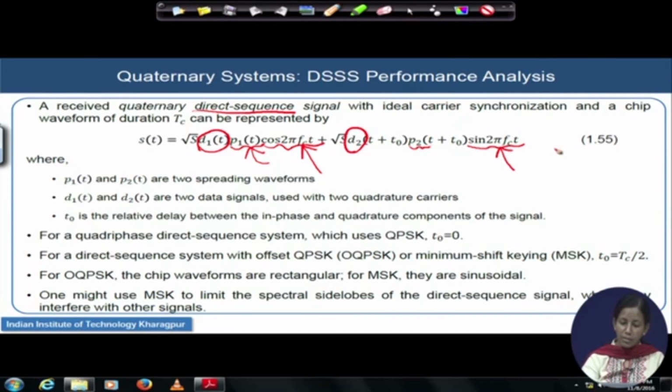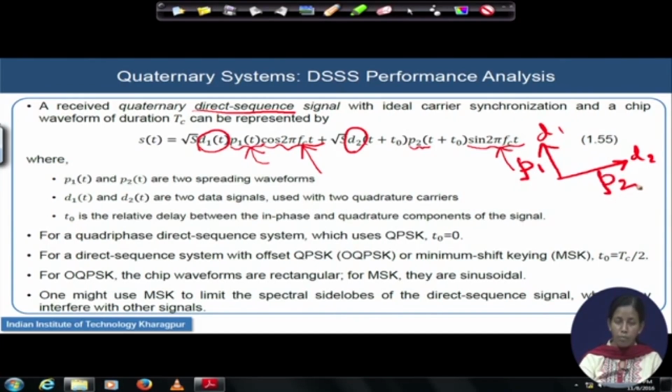So, the situation is such that we have two orthogonal carriers to transmit the signals D1 and D2, and on each of these carriers the spreading sequences used to spread the data signals D1 and D2 are, correspondingly, P1 and P2. We have loaded the power in both orthogonal directions in such a way that the total power is equally shared.